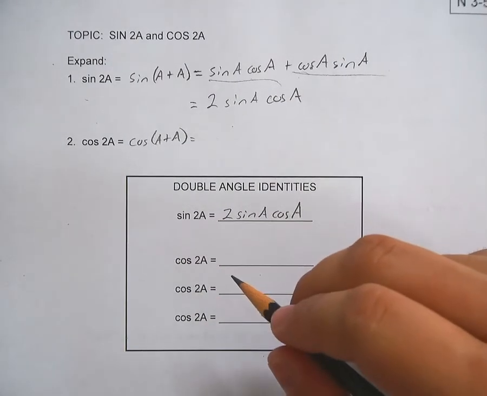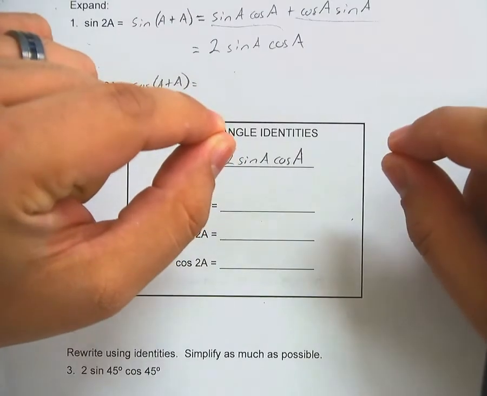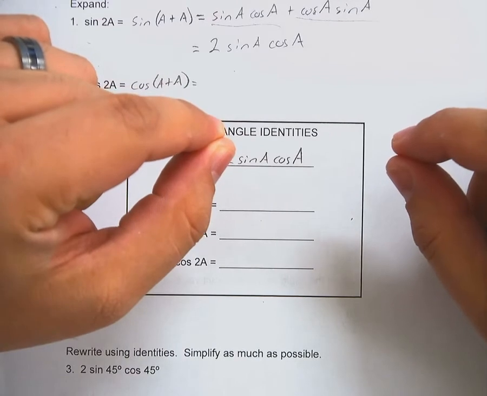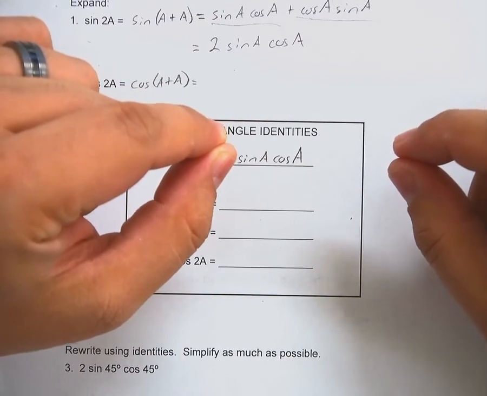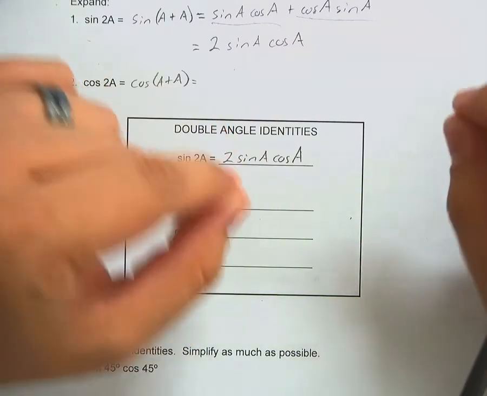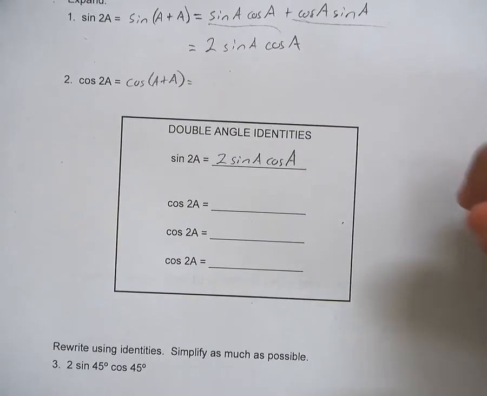Kind of like in section 3-1, when we took one of our Pythagorean identities, like sine squared plus cosine squared is 1, we're going to do the same thing here, where we start switching some terms around, plugging stuff in, seeing what happens. Okay? Let's do it.